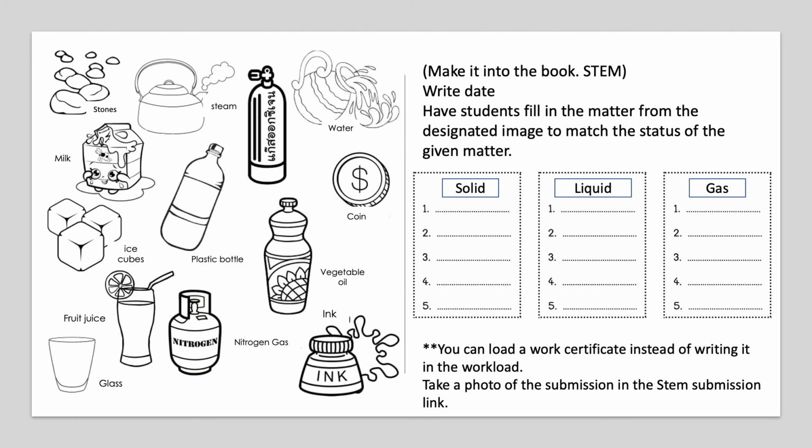As you can see, the first box is solid matter, the second box is liquid matter, and the last one is gas matter. Now you are going to put all the things or the names of the things in every state of matter. Do you understand?